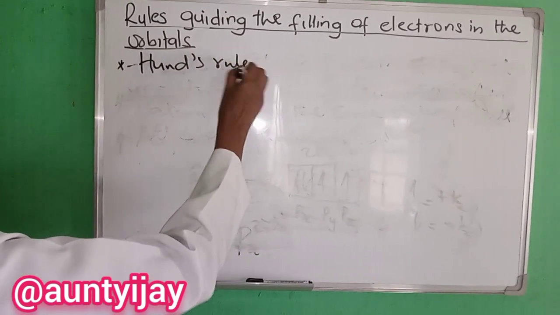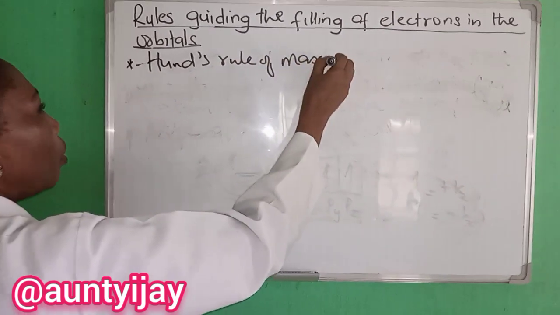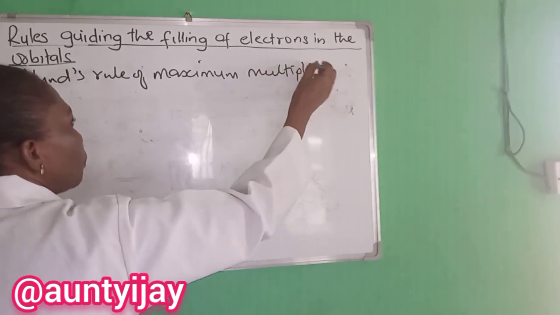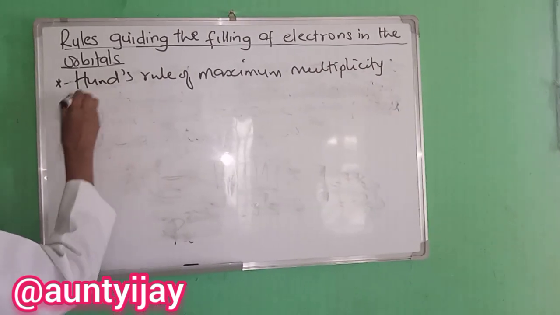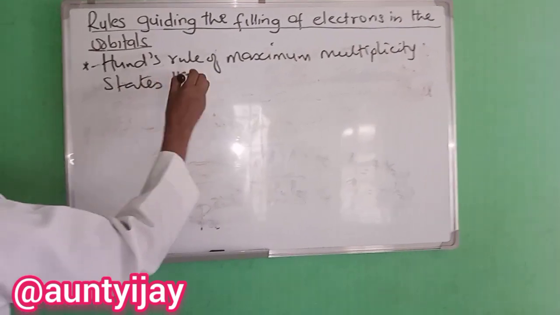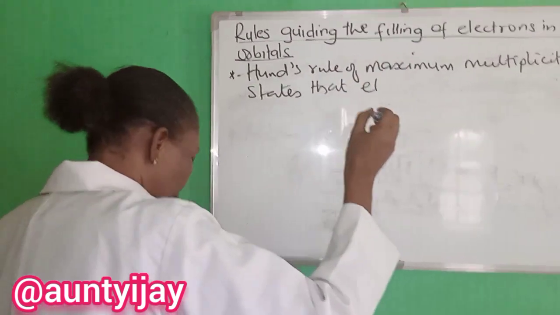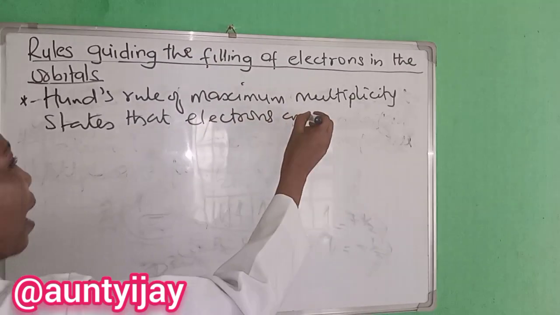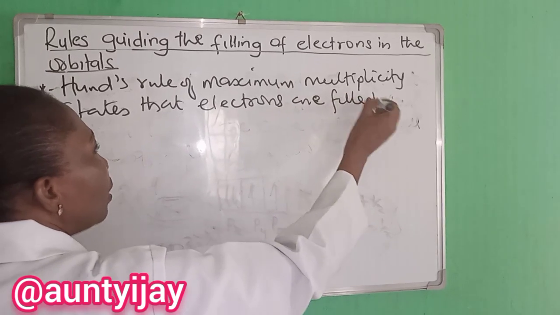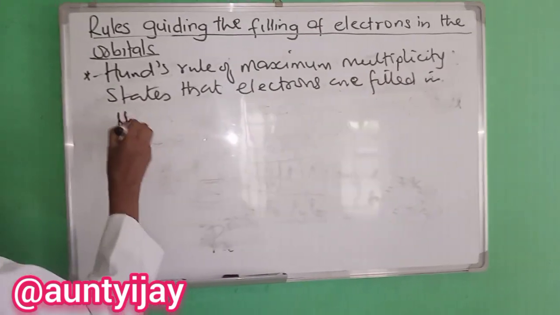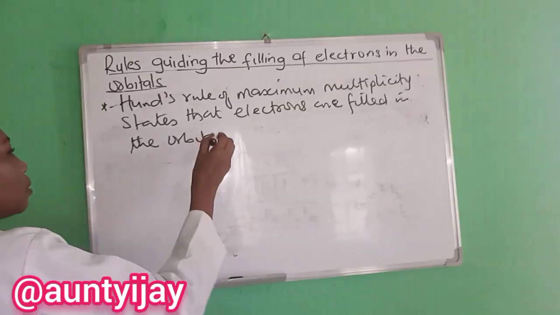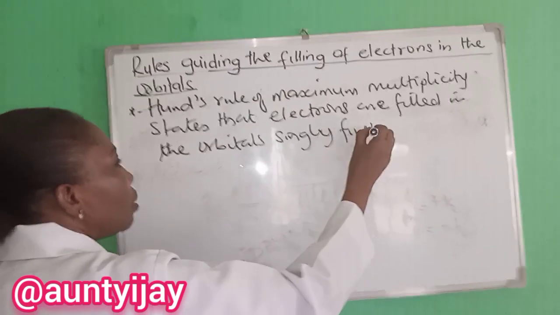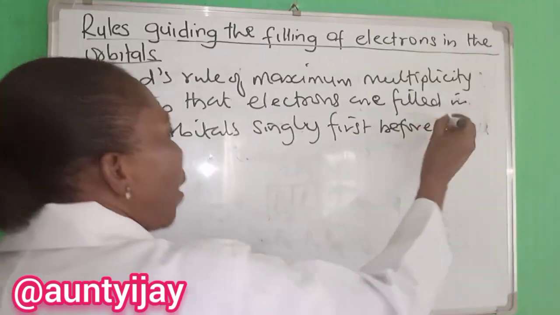Hund's rule of maximum multiplicity states that electrons are filled in the orbitals singly first before pairing.